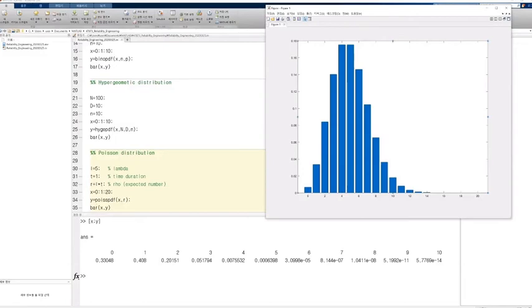Of course we have a very small probability that no cars visit for the next 1 hour, and 1, 2, 3, and what we can see is that the probability of visiting 4 cars and 5 cars are almost the same.